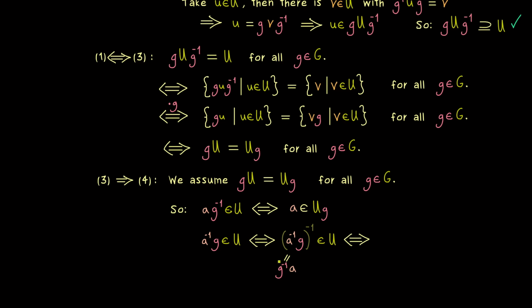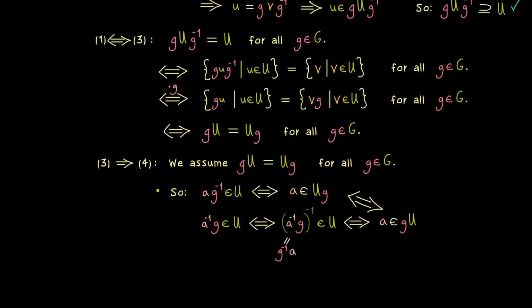Therefore we can just multiply with g from the left, and we get that a lies in the left coset. And now since we assume that the left and the right cosets coincide, we also have the equivalence here on the right hand side. So not so complicated, this one shows the equivalence stated in part 4.